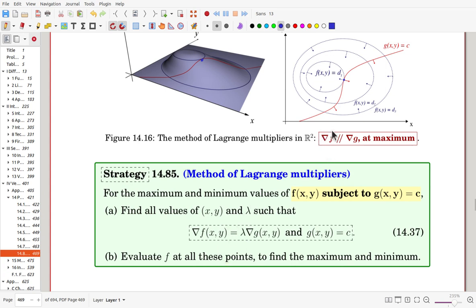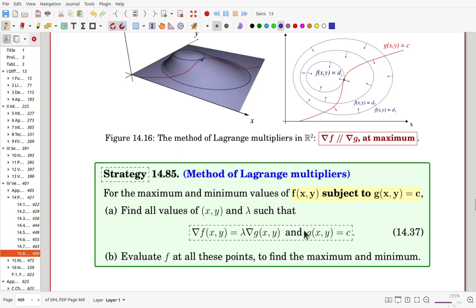Now, these two vectors are parallel. It can be written with this equation: the gradient of f is lambda, a constant, times the gradient of g, and g of x, y equals c. It must be there because x, y should satisfy this constraint.